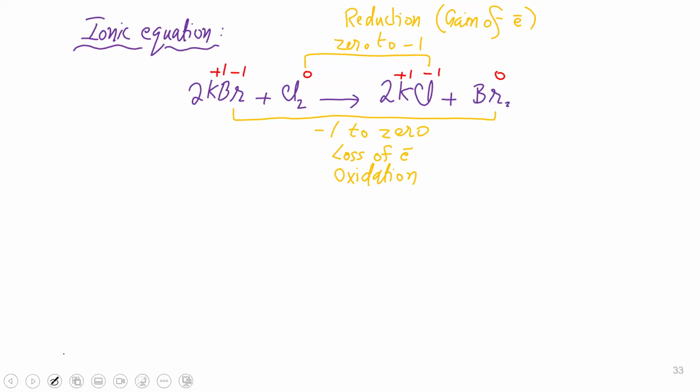You will tell in the paper that Br minus is oxidized to Br, and chlorine is reduced to Cl minus.